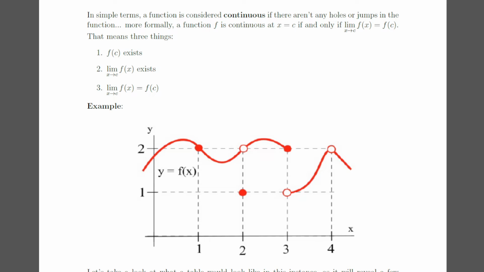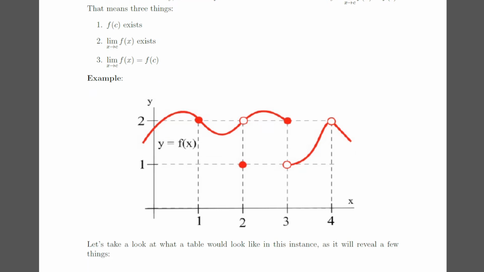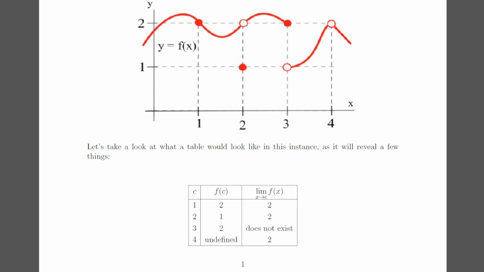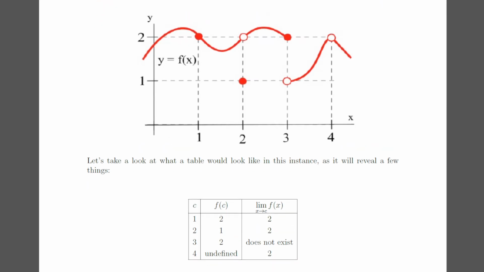So let's take a quick look at this graph. I also have a little table corresponding to the graph down below, so you can see what happens. As we trace along this graph, when we get to 1, which in this case is our c value, the function evaluated at 1 is going to equal 2. The limit is the same thing as the function evaluated at that point, so the limit is also 2.